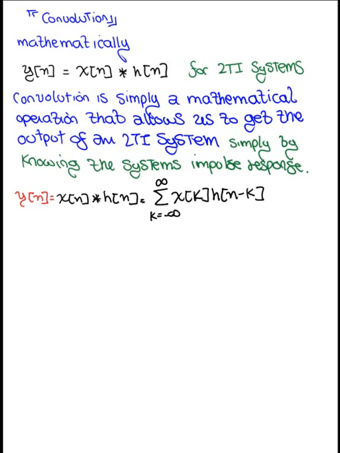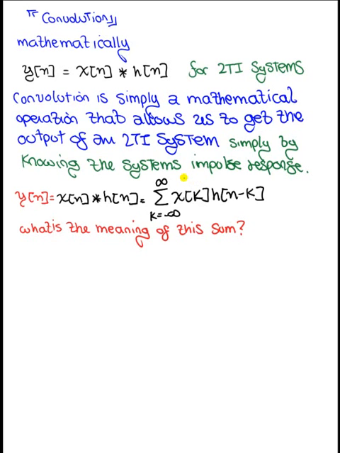Okay, so what is the meaning of this sum, right? So that's the question. Well, in reality, it is telling us that the output of the system is the sum of scaled and time-shifted versions of the impulse response.